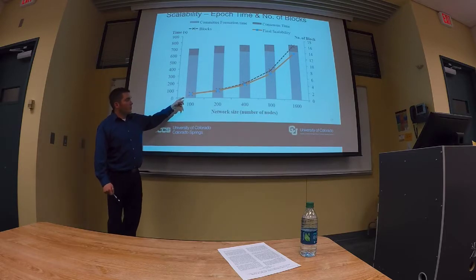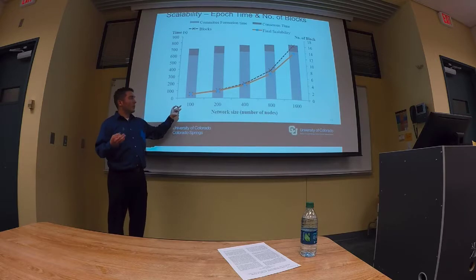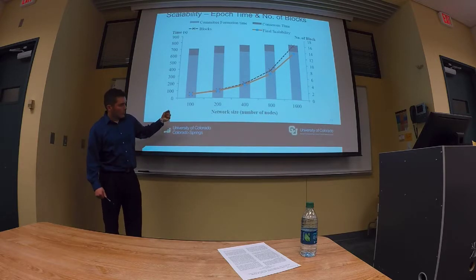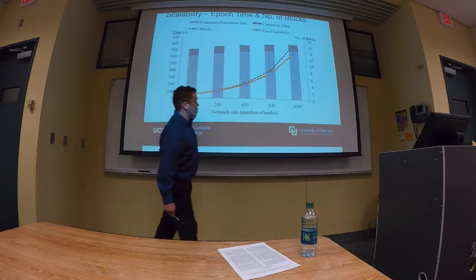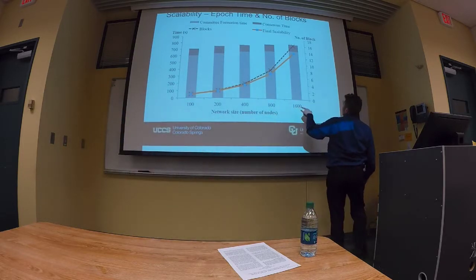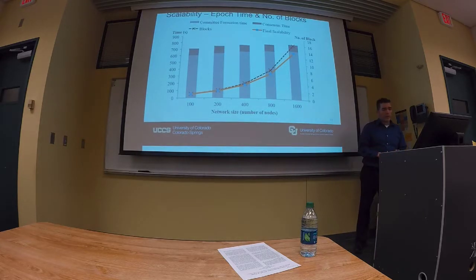If you have 100 processors in a committee, then for every committee you get another block. So 16 committees, you get 16 blocks. And that was kind of their goal to begin with.